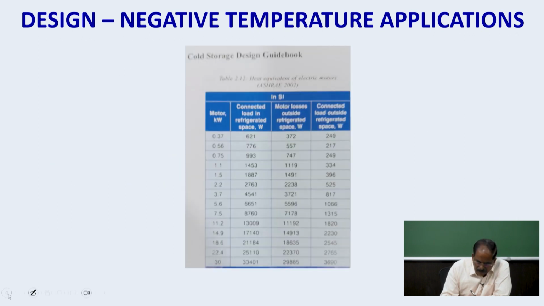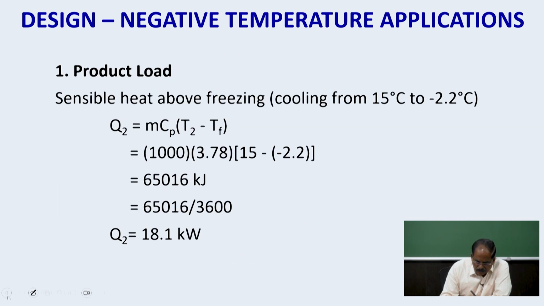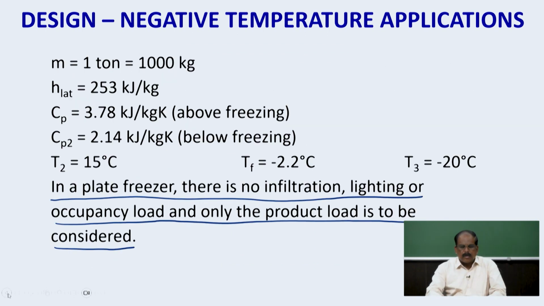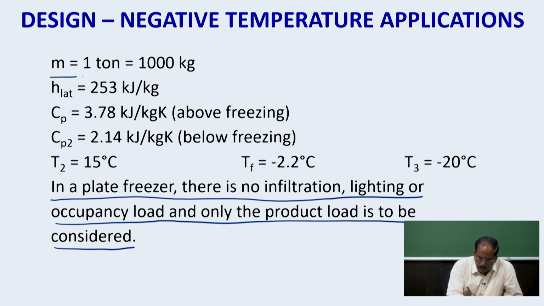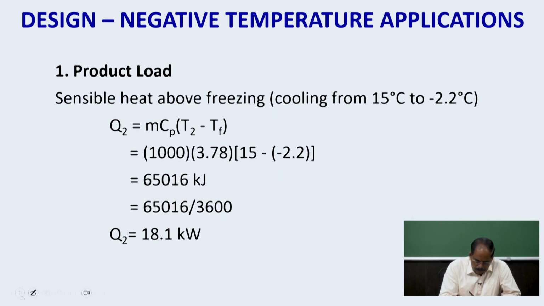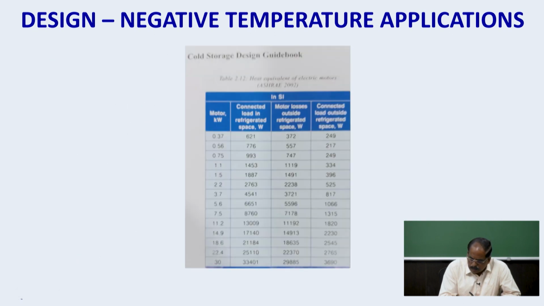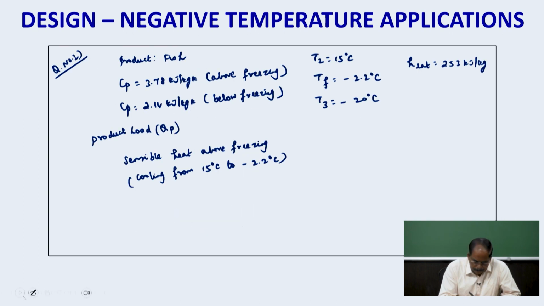The mass is given as 1 ton, because the data are almost similar to the previous problem, so M is equal to 1000 kg.